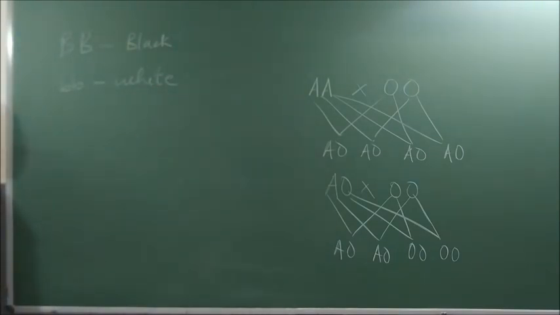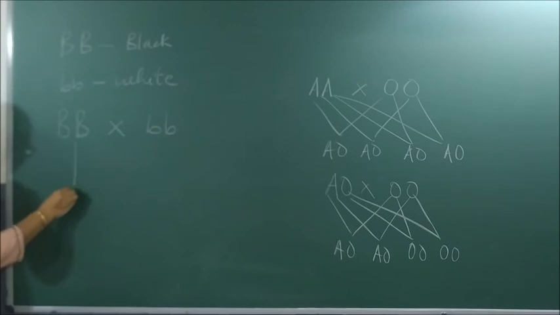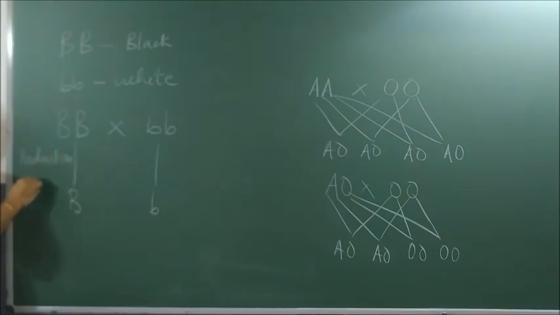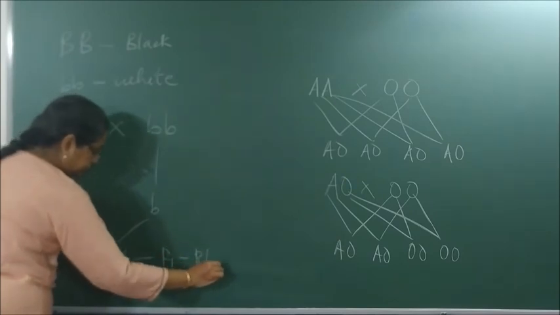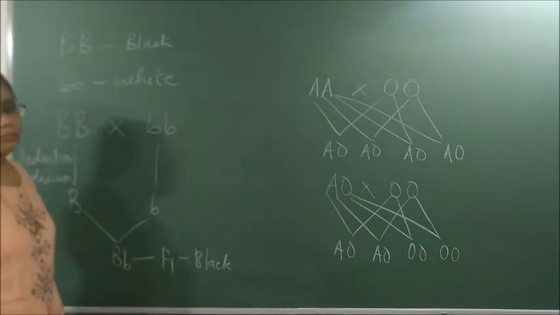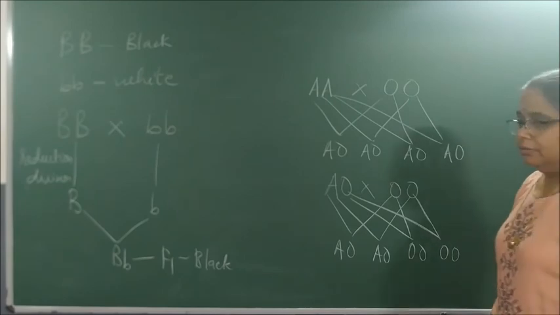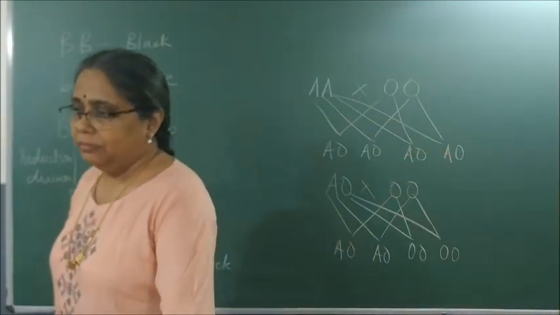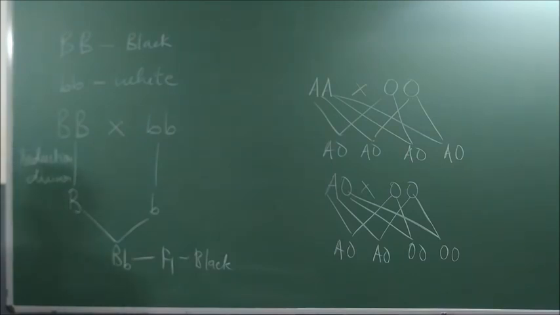So when I cross a black male dog with a white female dog, reduction division takes place, and in the F1 generation all dogs are black. So black is dominant over white.